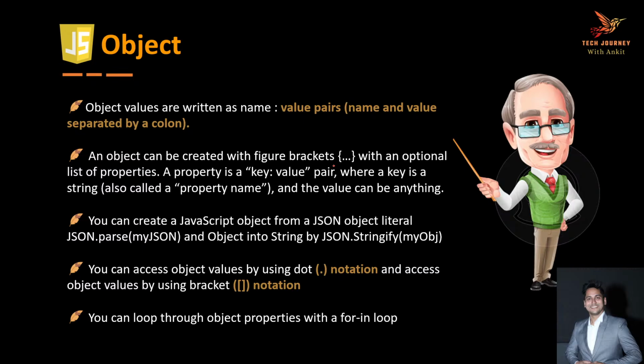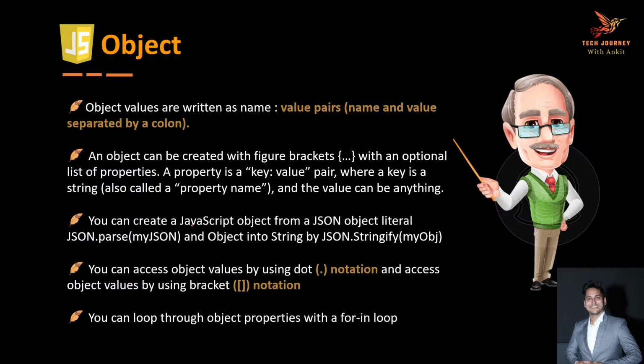The key is also sometimes referred to as the property name. However, the value can be another object, an array, a number, or anything. But the key will always be a string inside the object.